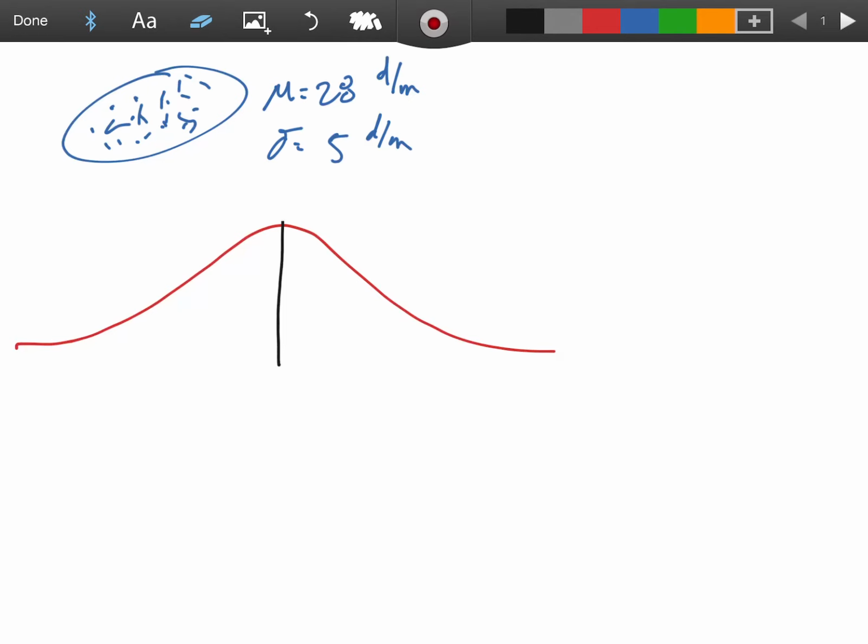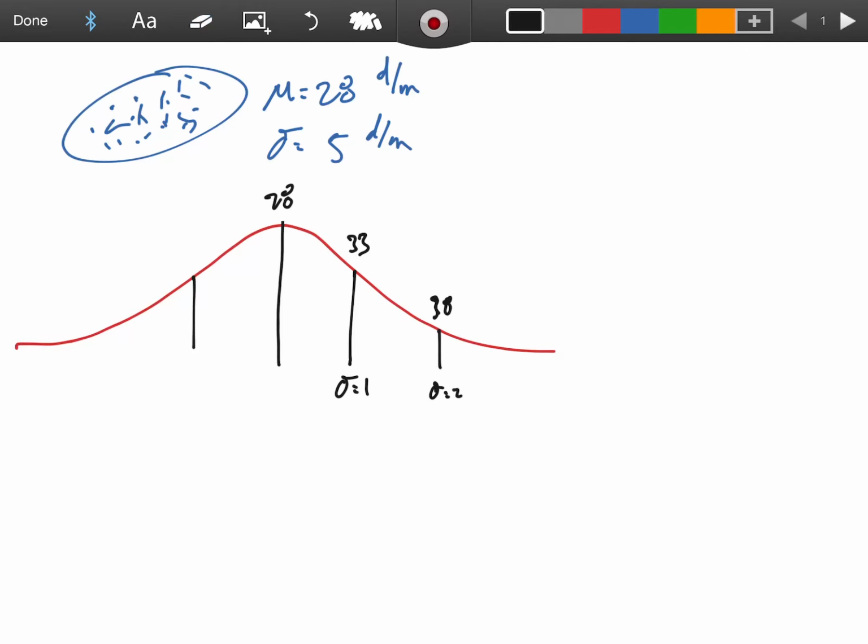I know that one standard deviation away is going to be 33 because I add 5 to 28. So it's 33 donuts per month at one standard deviation. And over here at 2 standard deviations, you have folks that are eating 38 donuts per month.